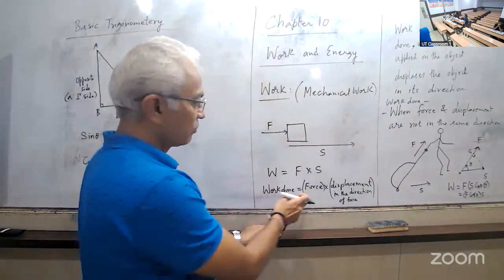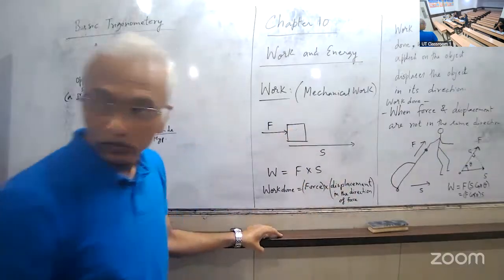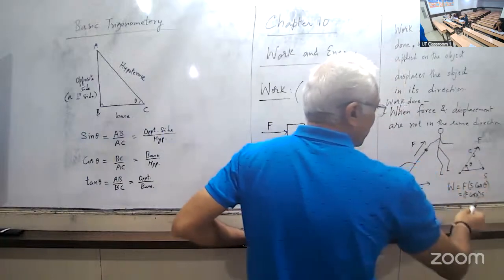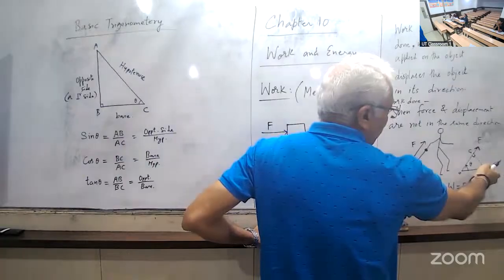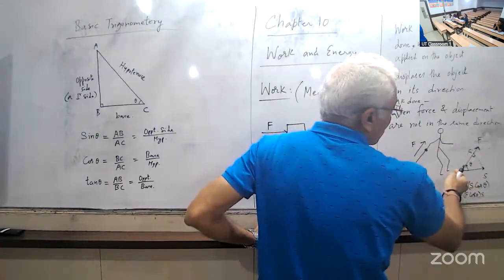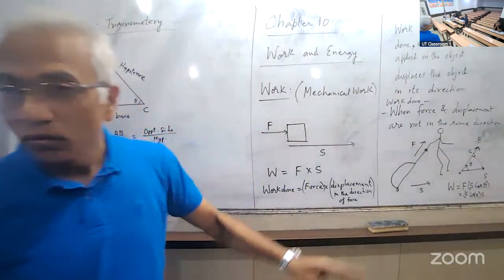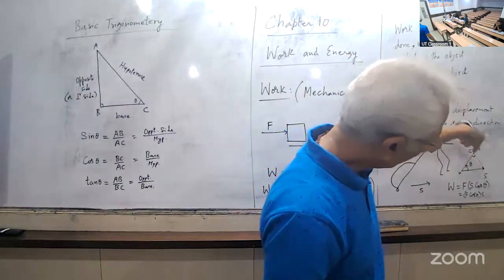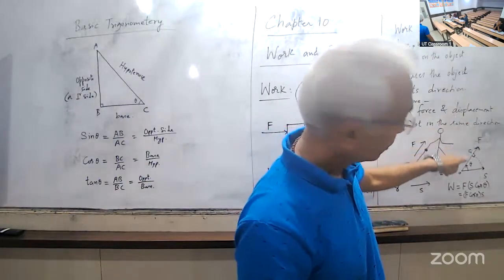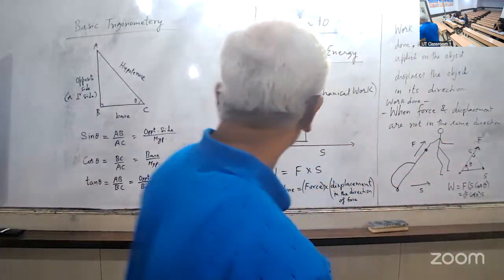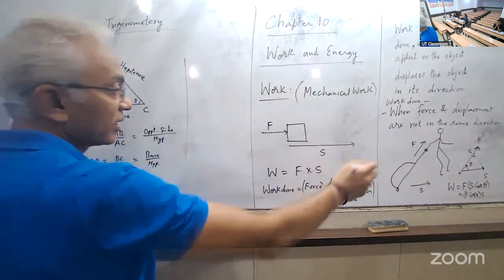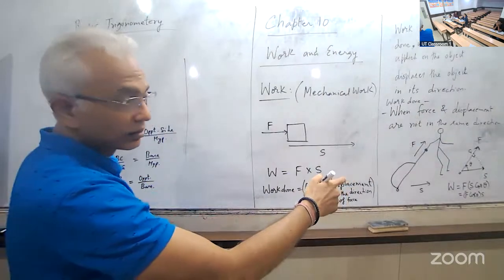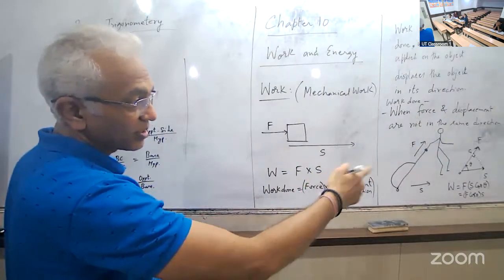So what is the work done? Force into displacement in the direction of force. So you project S on F. If you drop a perpendicular from S to F, you will get OG. So what is the displacement in the direction of force? OG. OG is base and OS is hypotenuse.